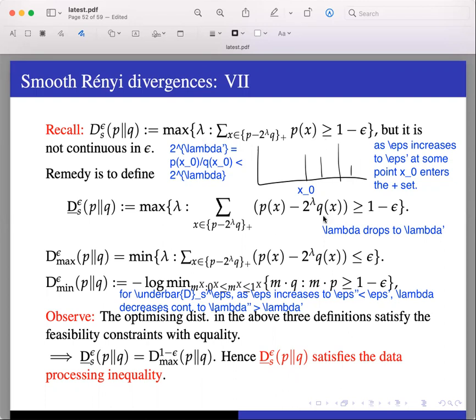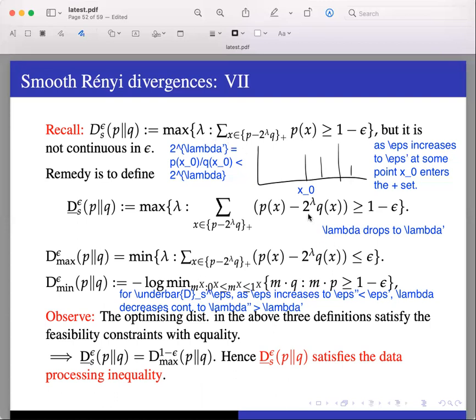The point I was trying to make, and Shantan was also saying, is for d epsilon s, as you increase epsilon, you are stuck with the same lambda because the support is not changing. Okay, and at some point when a new x naught creeps into this plus support, then you are forced to drop lambda to lambda prime. I mean, it's a sudden jump downwards.